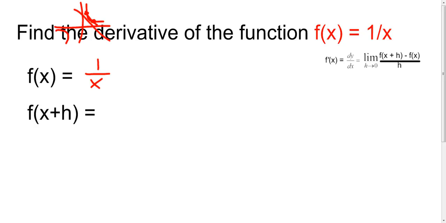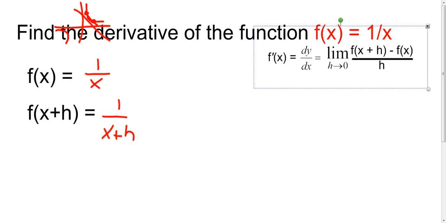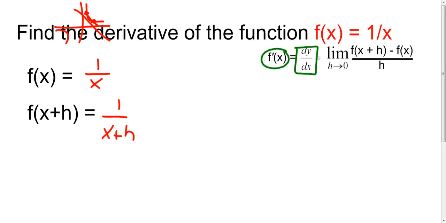Okay, so here we go. That's why you want to add super duper small numbers to your x value until basically you're adding 0. x plus h becomes 1 over x plus h. Again, I'm using this formula to find the derivative, and I want to reiterate that the derivative might be noted like that, or the derivative might be noted like that.